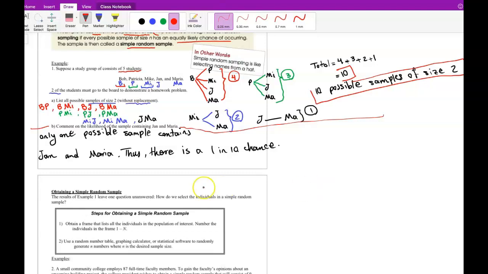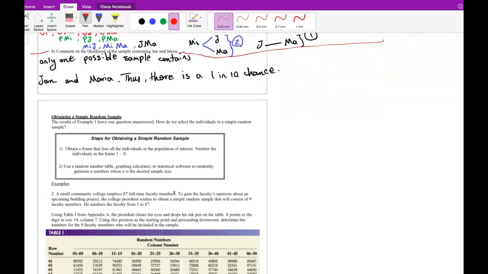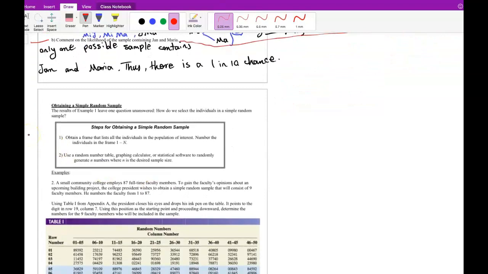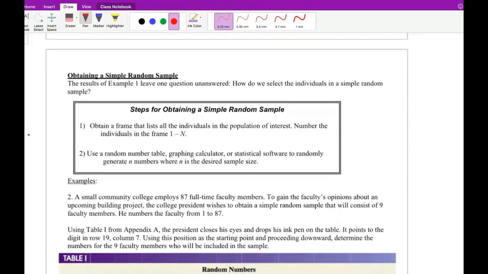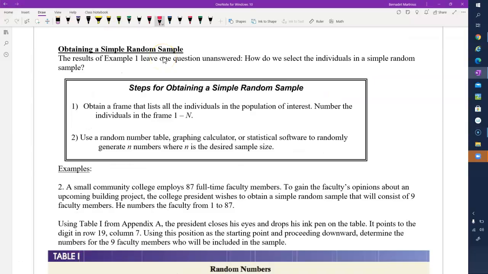Okay, next page. Obtaining a simple random sample. So the question is, how do we select the individuals in a simple random sample? Here we have the steps.